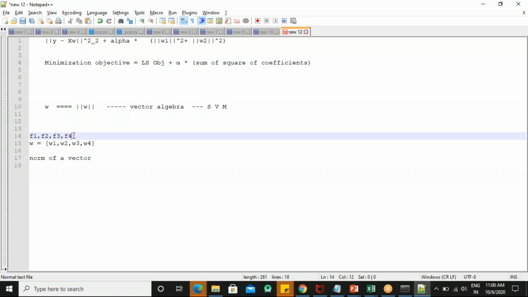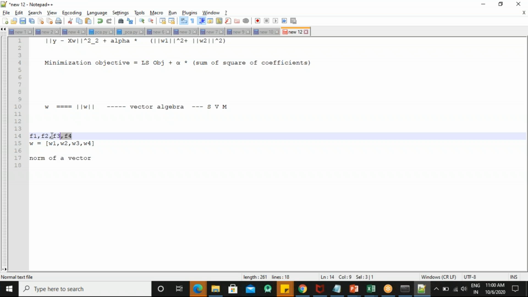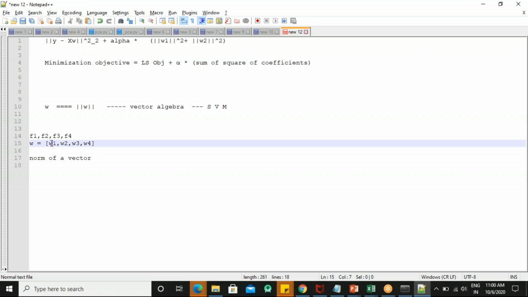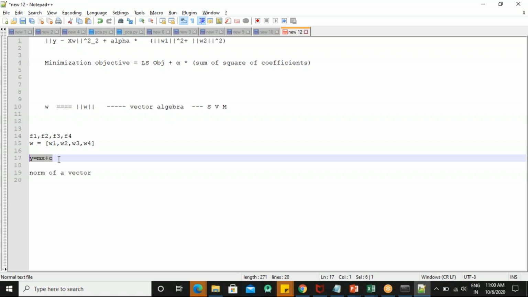What is the job of any model? Only to find these weights. For the input features F1, F2, F3, F4, what are the specific weights? W1, W2, W3, W4, right? That is how the equation is formed. What will be the equation of this model? Will someone ping me? Guys, I want you to ping me. If y equals mx plus c is the form of a linear equation, and these are my features and these are my weights, please ping me this equation for y.